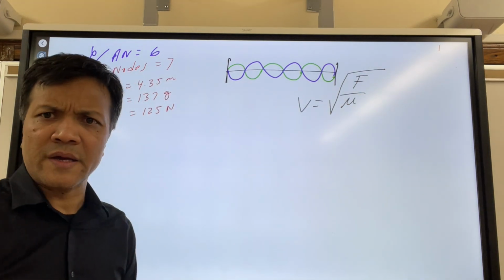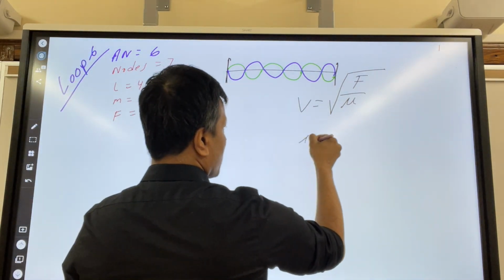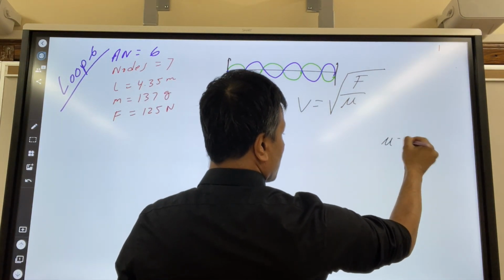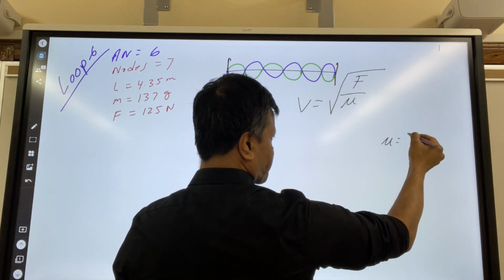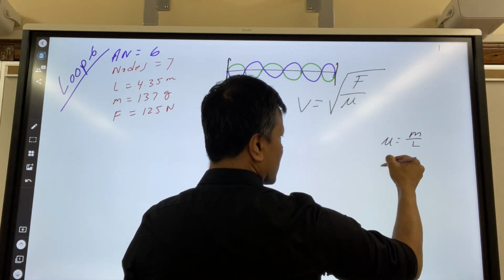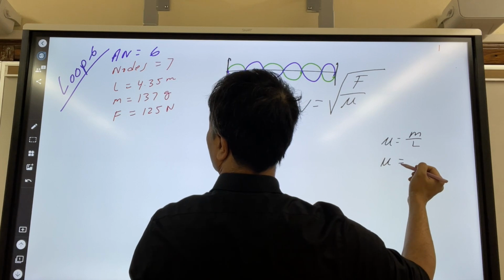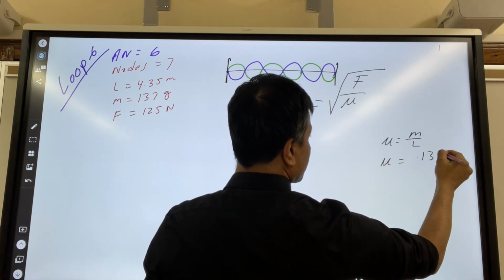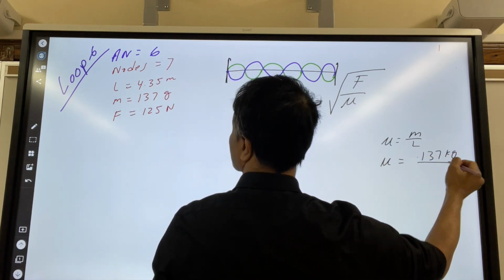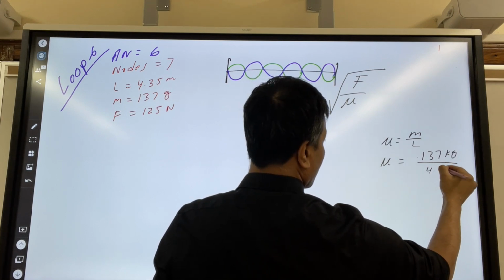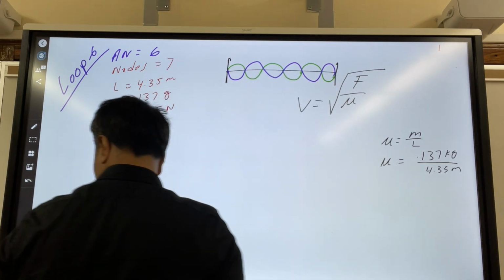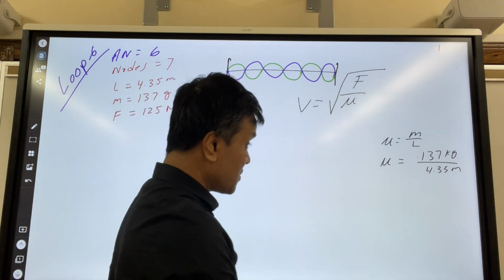We're going to find mu. Mu is mass over length. Mass is 0.137 kilogram. Length is 4.35 meters. Mu is density, by the way.